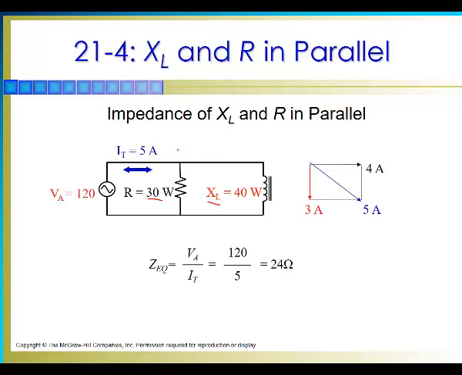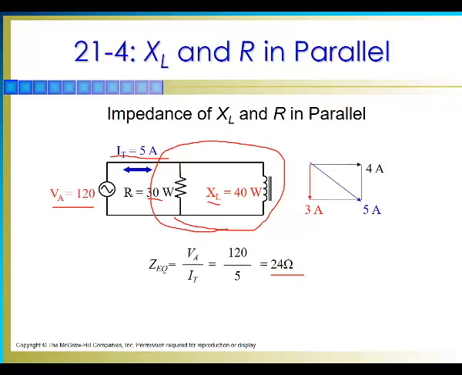So the total equivalent impedance for this type of circuit is easier to calculate if we calculate the voltage and the total current. Because remember, the opposition to current is equal to the voltage divided by the current. So if we divide the total voltage by the total current, that will give me 24 ohms. That is the total impedance for this parallel circuit.